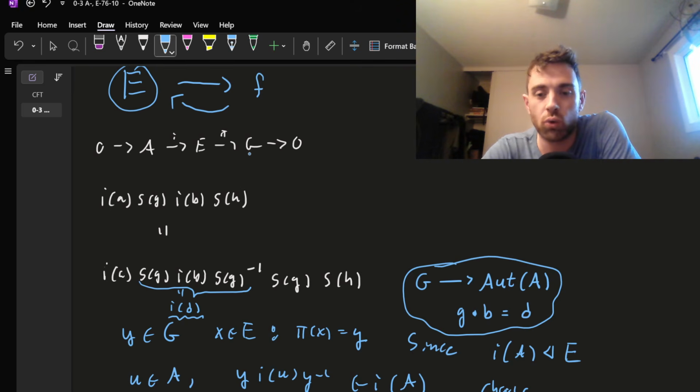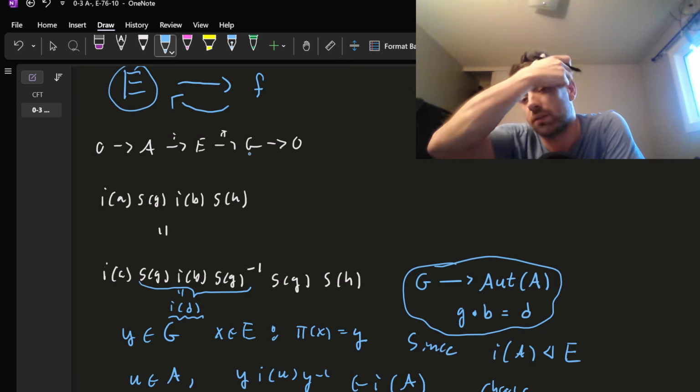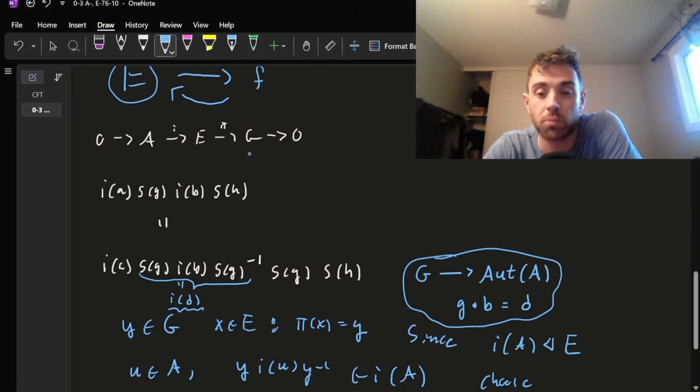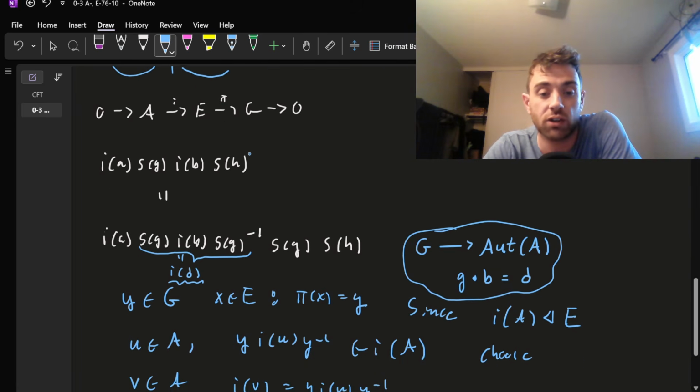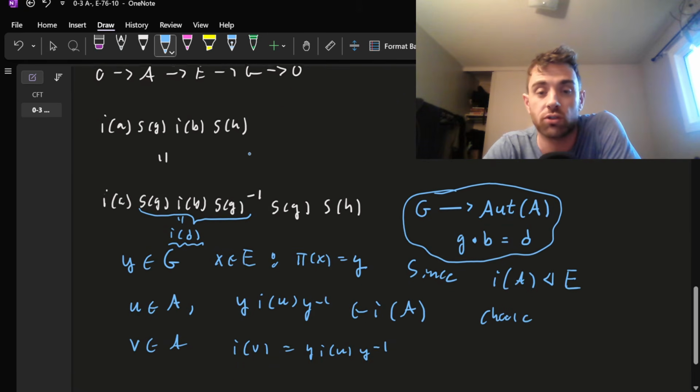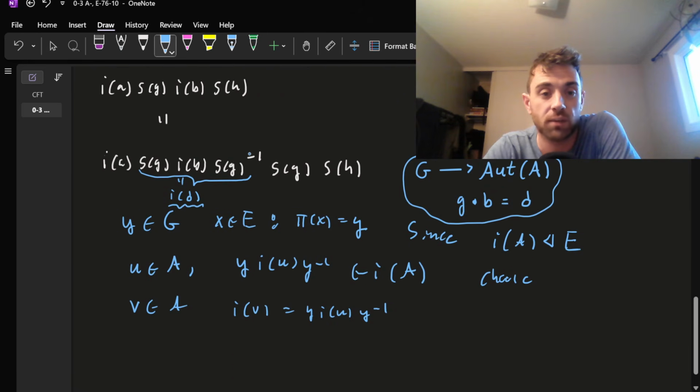And in order to do that, this kind of depended on the pre-image we took, and I want to convince you that this gives us a well-defined G action. I suppose it already does give us a well-defined action because we can always fix it with respect to S, but I want to show that this actually doesn't depend on the choice of pre-image.